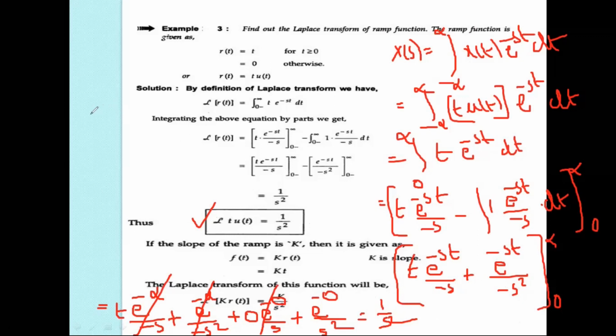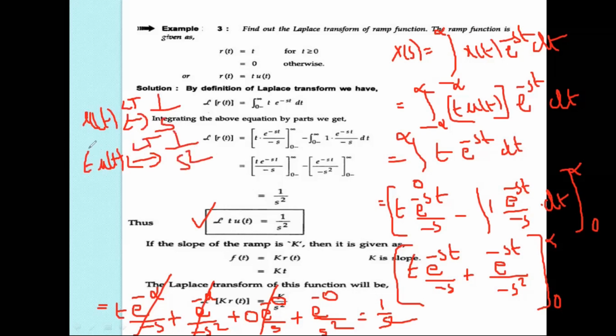For the step function mu of t, the Laplace transformation is 1 by s. t into mu of t, Laplace transformation is 1 by s square. Suppose here that 1 is there, t into mu of t.